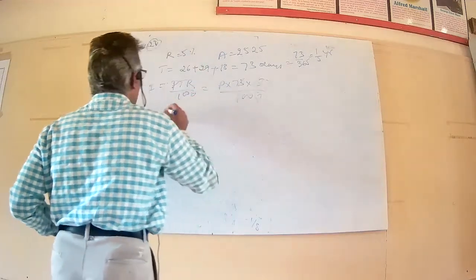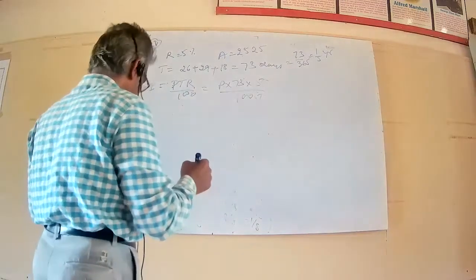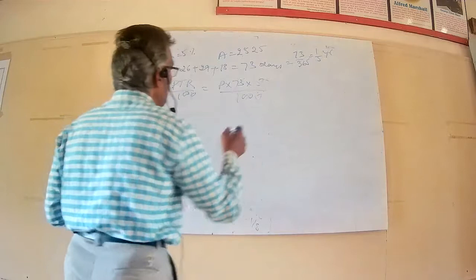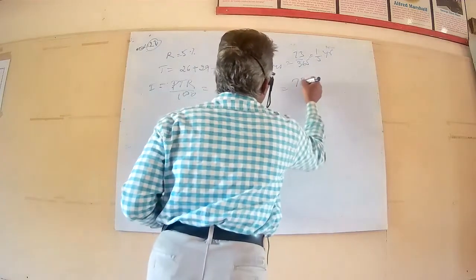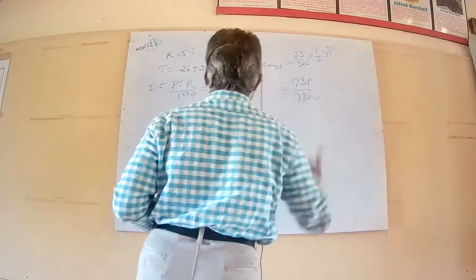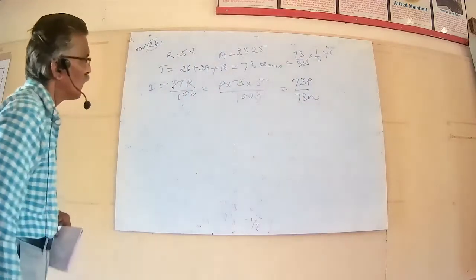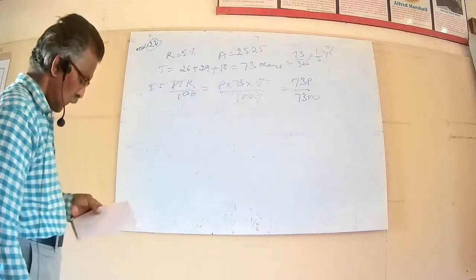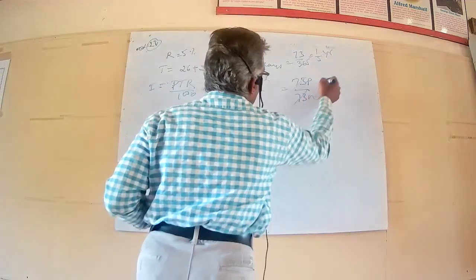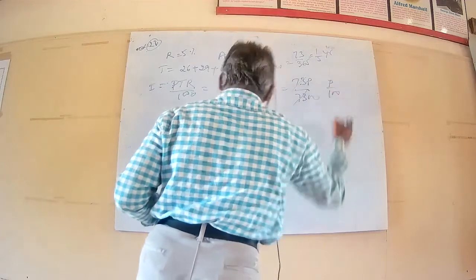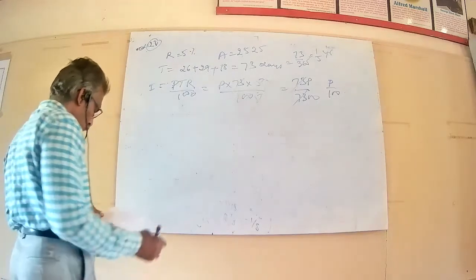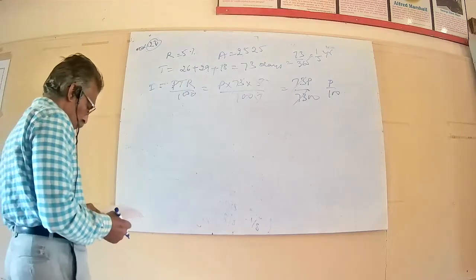So this gives you I equal to 73P divided by 7300, which becomes 1/100, so I equal to P divided by 100.